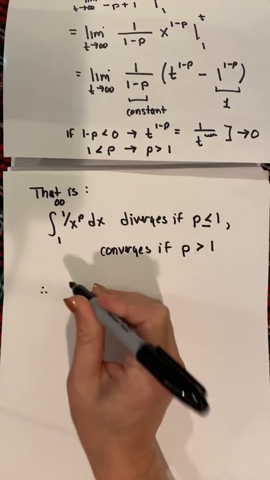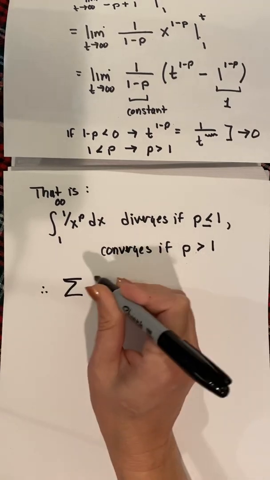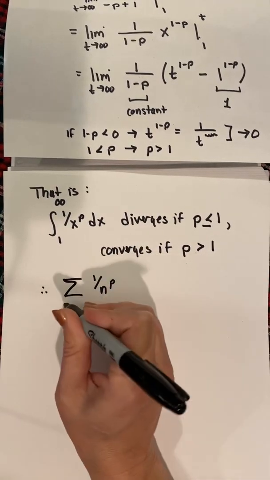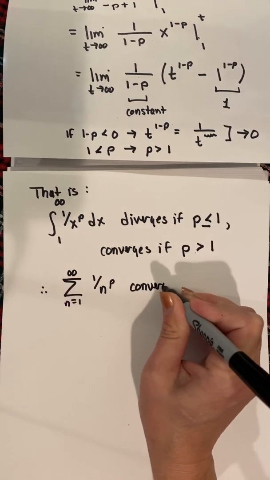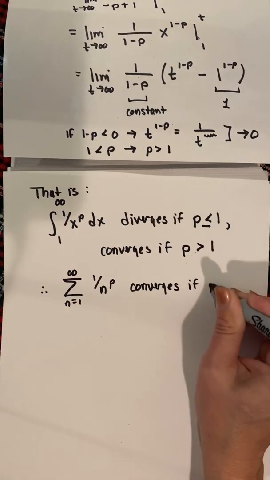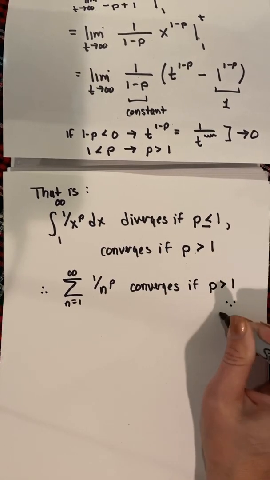So therefore, the sum of 1 over n to the p, n equals 1 to infinity, converges if p is greater than 1.